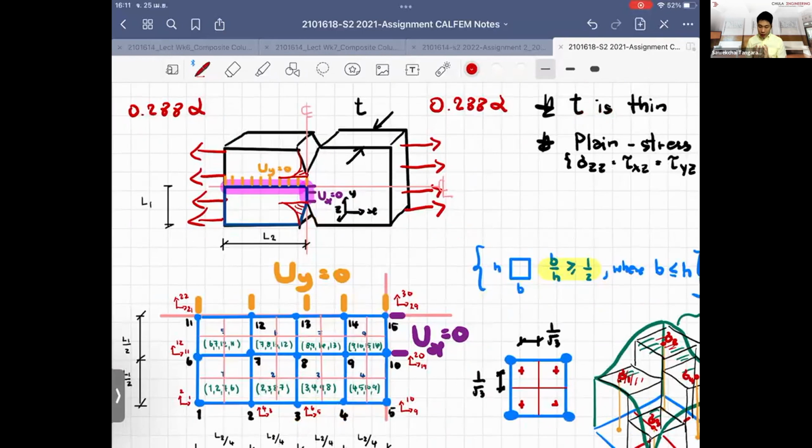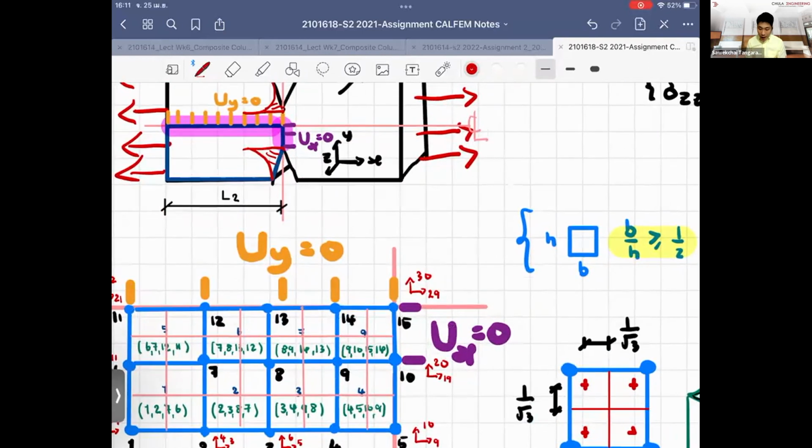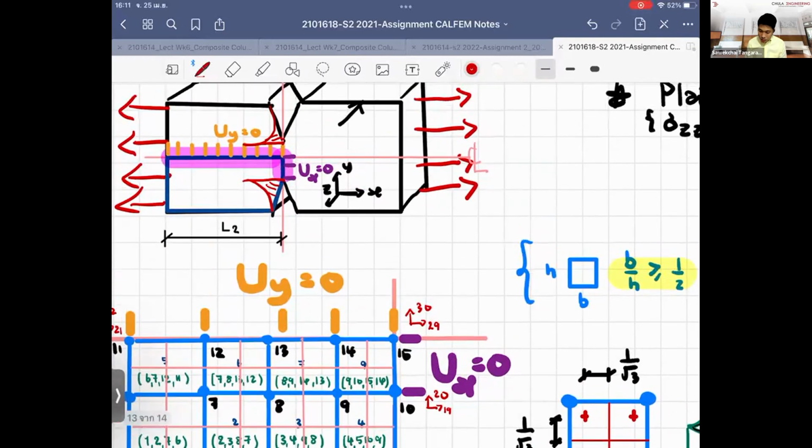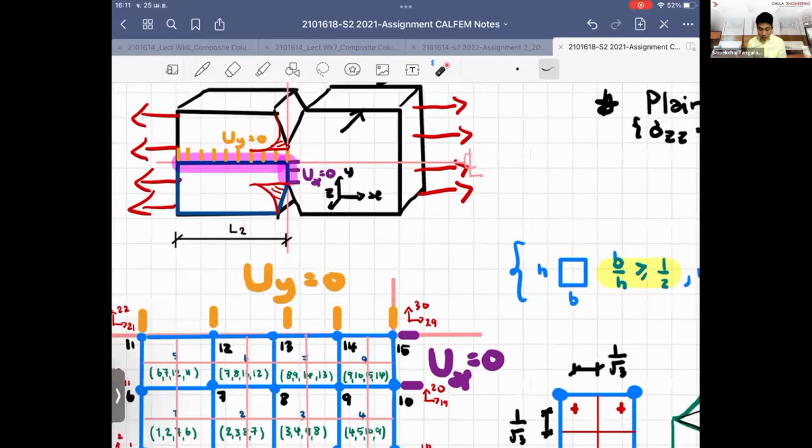For us to approximate the stress more accurately, we need a greater number of elements over the crack tip. So over the crack tip it requires a lot more elements, right? So that's what this depends on.